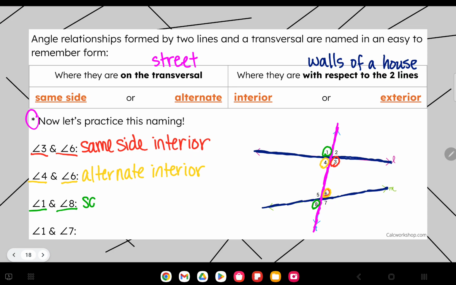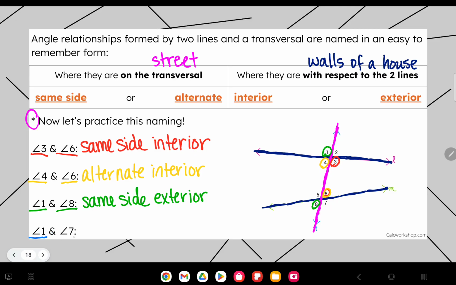So they are on the same side of the street. Now we look at our dark blue lines for the walls of our house. They are both outside of those lines. So they are exterior. They're on the exterior of the house.